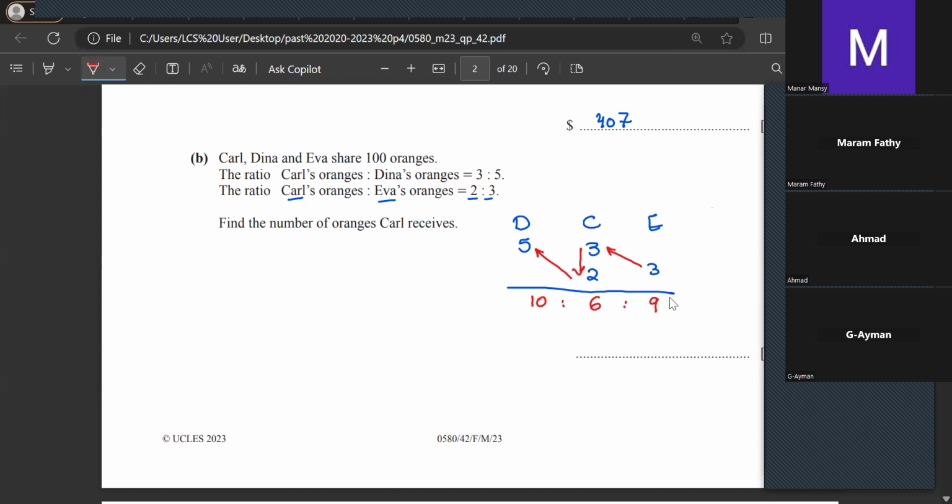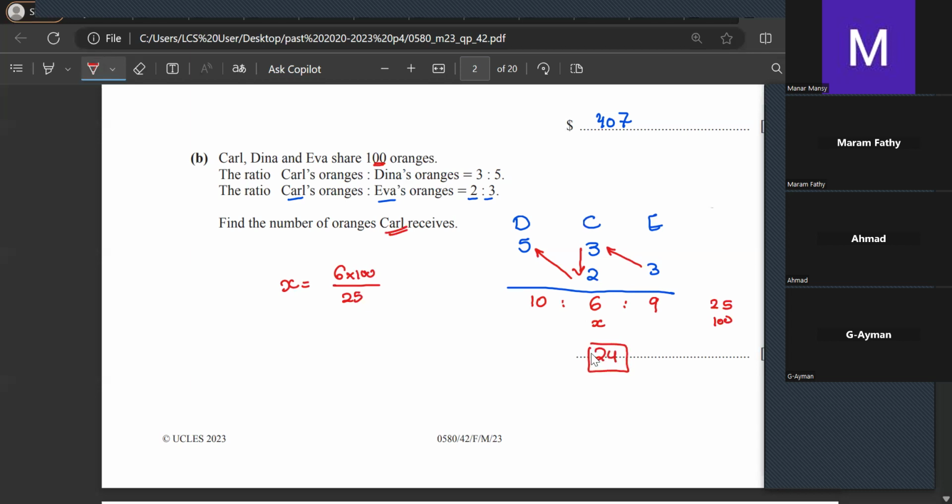What is the total of them? 10 plus 6 plus 9, 25. Then put the 100 here, and he wants to find Carl, so he wants to find this x. So x equals 6 multiplied by 100 over 25, which is 24.